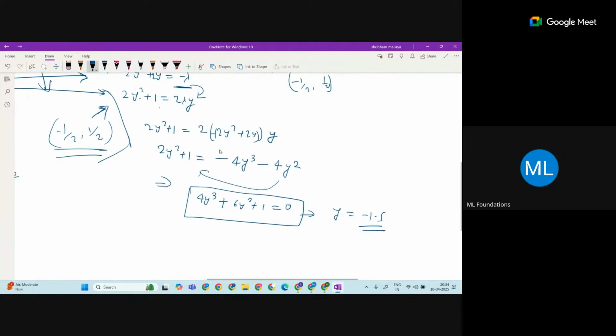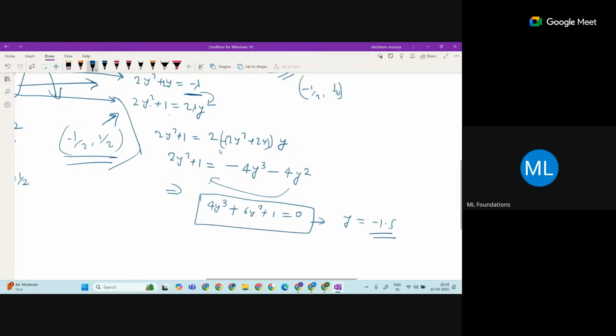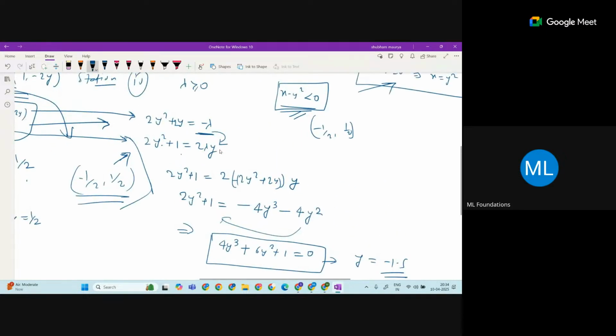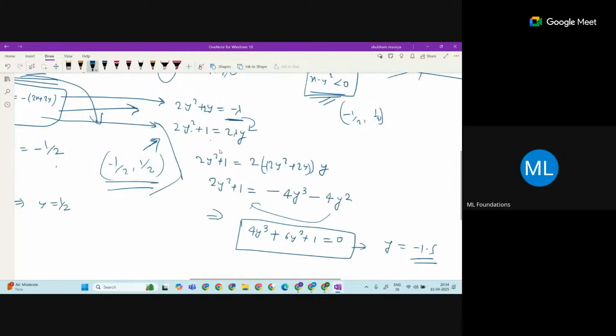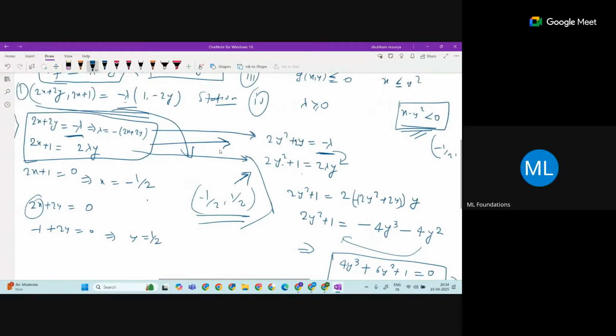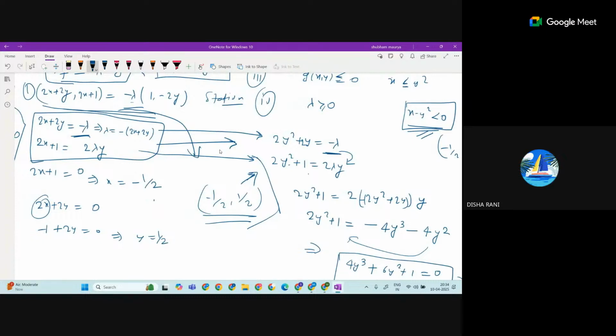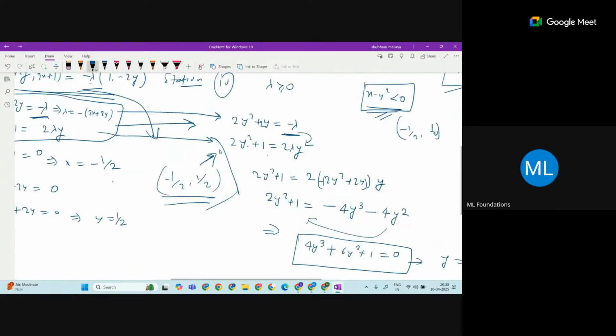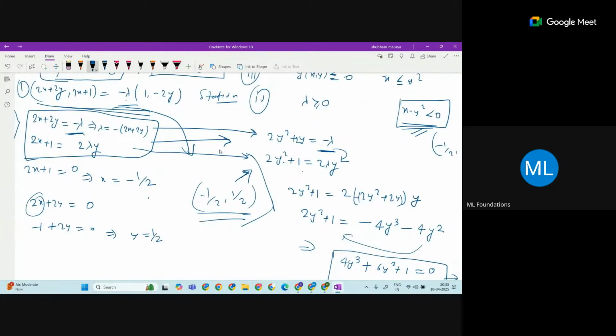So if we have minus 1.5, then we can get things easily. Once we have the y value, then we can get the x value and the lambda value also. So if we have minus 1.5, what is going to be the lambda value here?